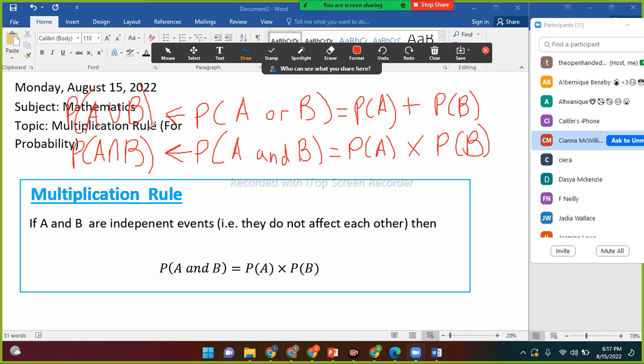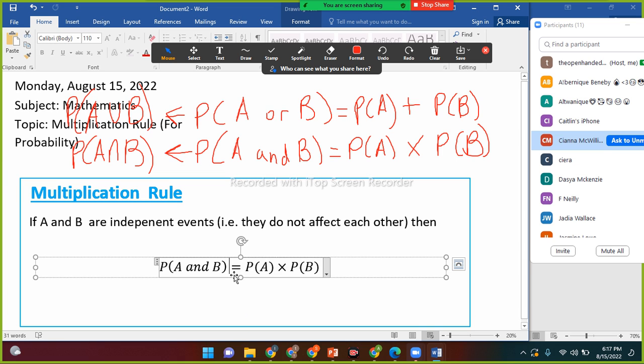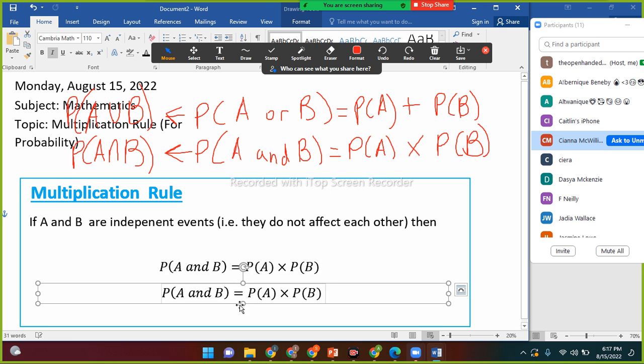Okay. So let me make a note of that in the definition. This can be said the same way as if we were to look at the intersection.